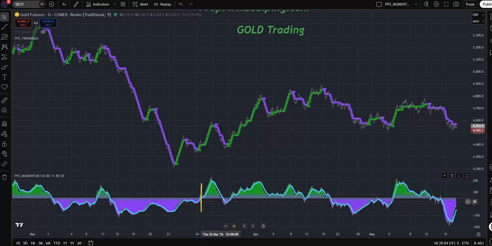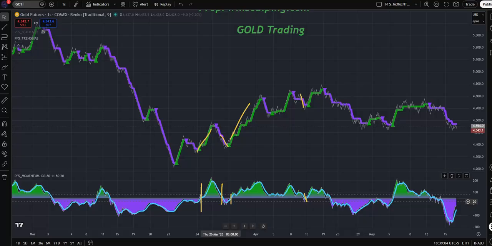Center line cross, long. Center line cross, short. Center line cross, long. Center line cross, short.